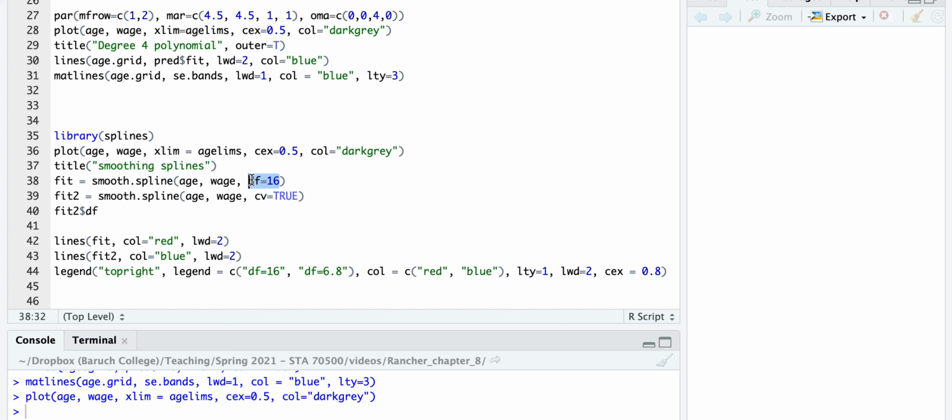For the sake of comparison, let's just make it actually larger. Let's make it 25. And here I'm saying choose the degrees of freedom using cross-validation.